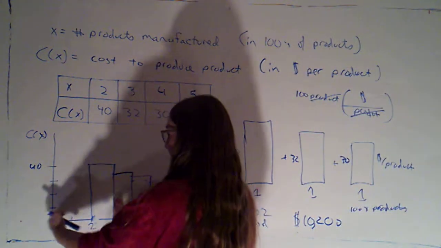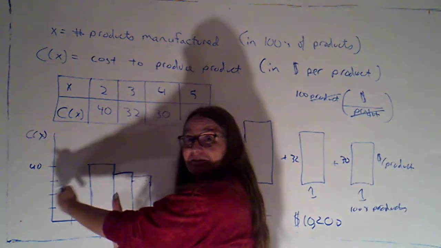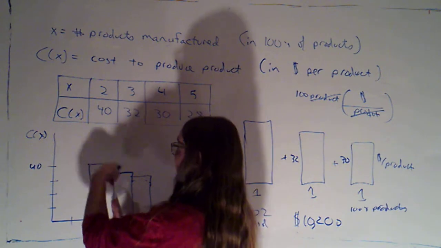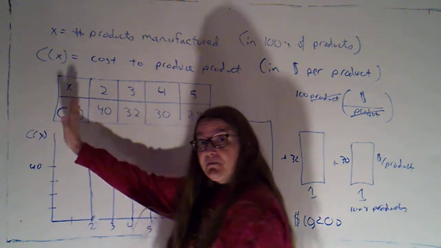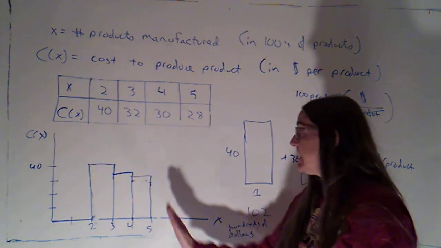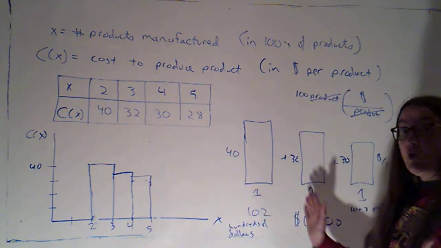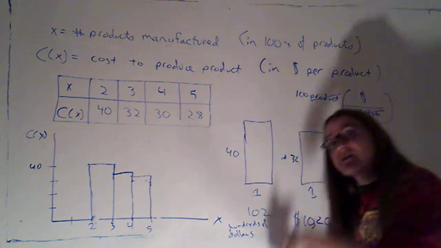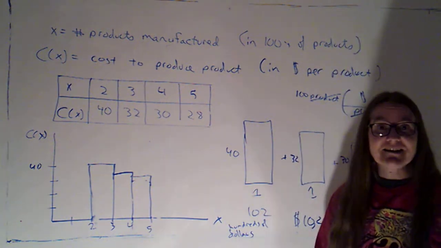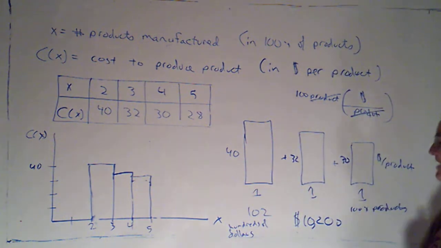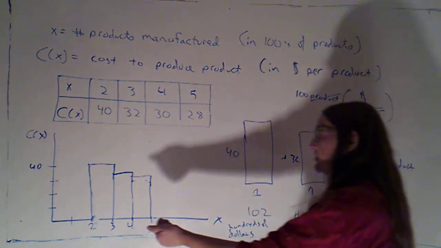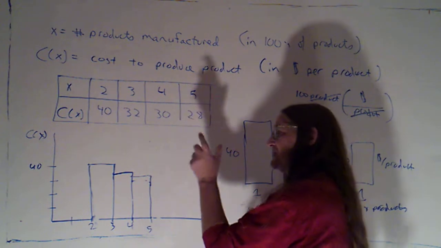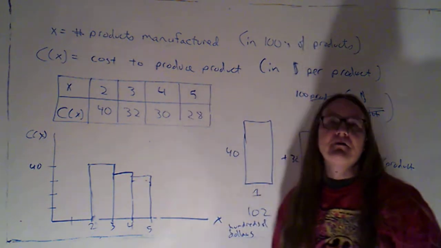Presumably, the first 300 products that I produced cost a little bit more because if the pattern continues, the cost function was bigger the further we are to the left. If I were to produce 300 more products and the cost per product continues to go down, the next 300 products would cost less. So this $10,200 is the amount it cost me to go from 200 products to 500 products, to produce that particular set of 300 products.